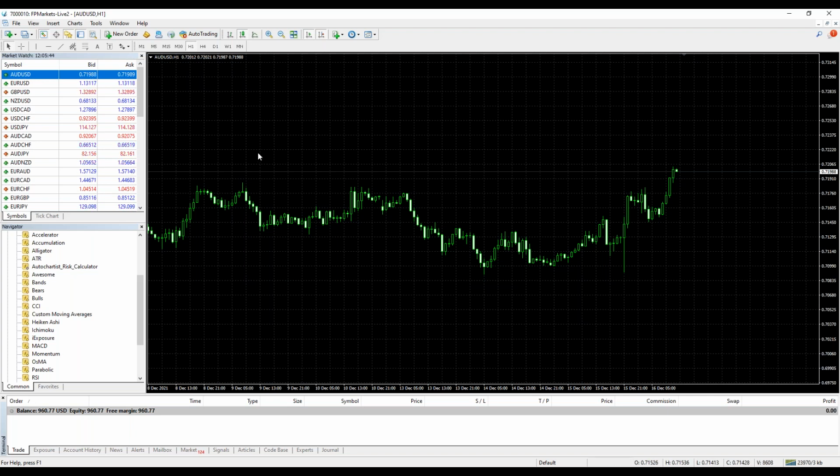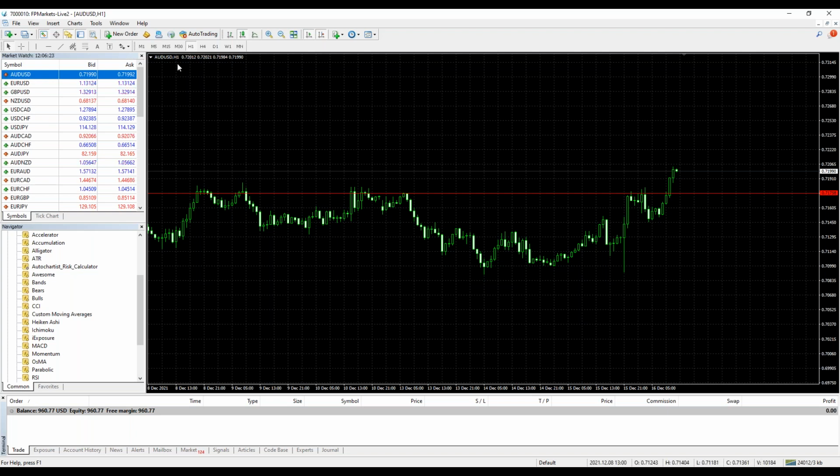If I'm looking at the Australian dollar, US dollar chart, and I want to open a position at the current price, 71.95, and I want to make it 72, and I want to set a stop loss over here, I'm looking at 15 pips as a stop loss.